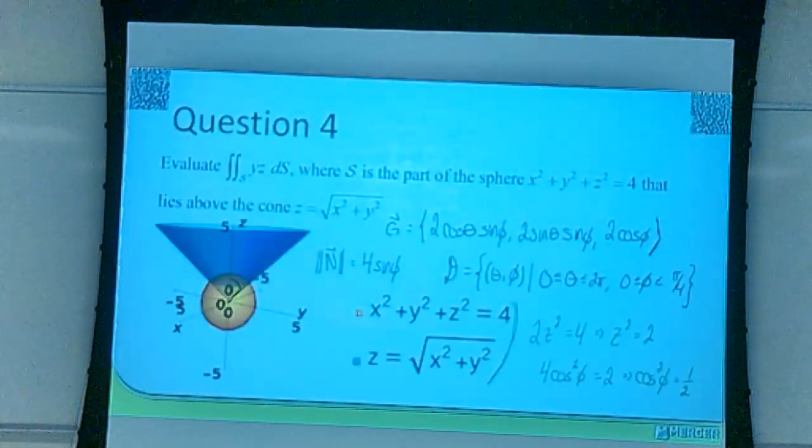No, it's yz. And so this becomes an integral over our domain, over our region D. We have to evaluate yz along the surface.